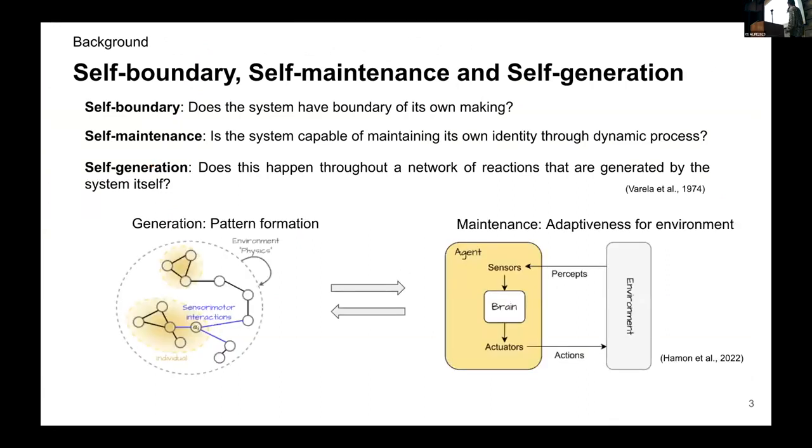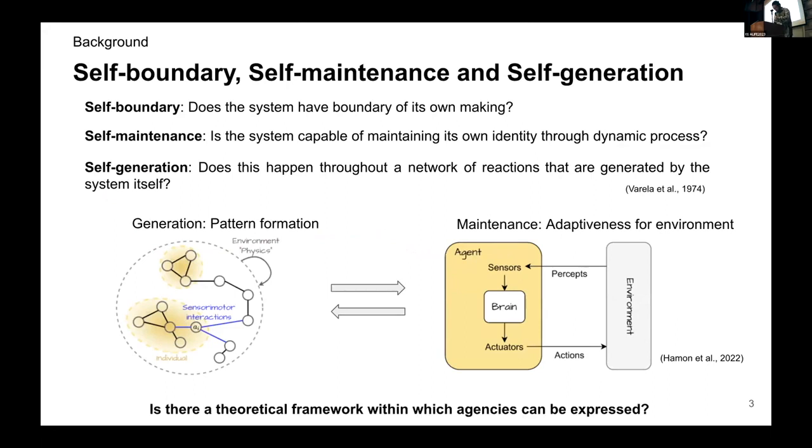This is a schematic view. This side generates the self-boundary using chemical reactions or something. After making a boundary, this is the agent. After that, the agent needs to interact with the environment, maintain itself, and survive in the environment.